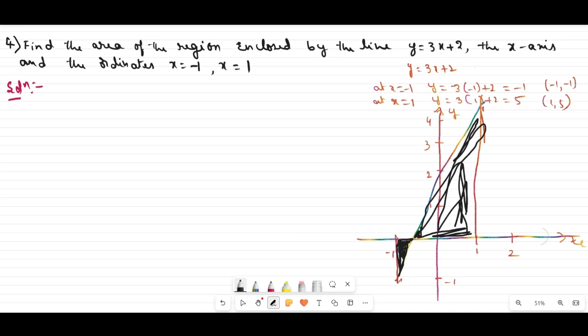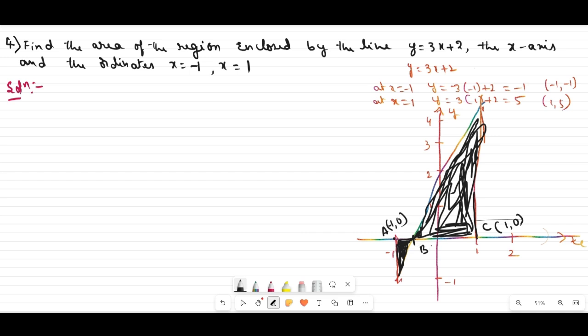To find this area, observe the first point lying on the x-axis. I will mark this point as A, this point as B, and this point as C. The coordinates of A are minus 1 comma 0, and this is 1 comma 0, as it is lying on the x-axis. We don't know the coordinates of the point B, we have to find them.